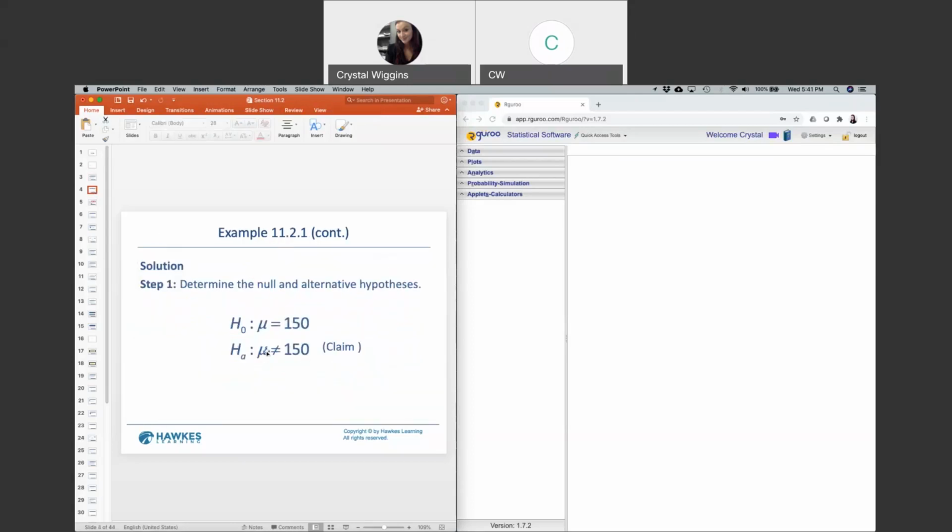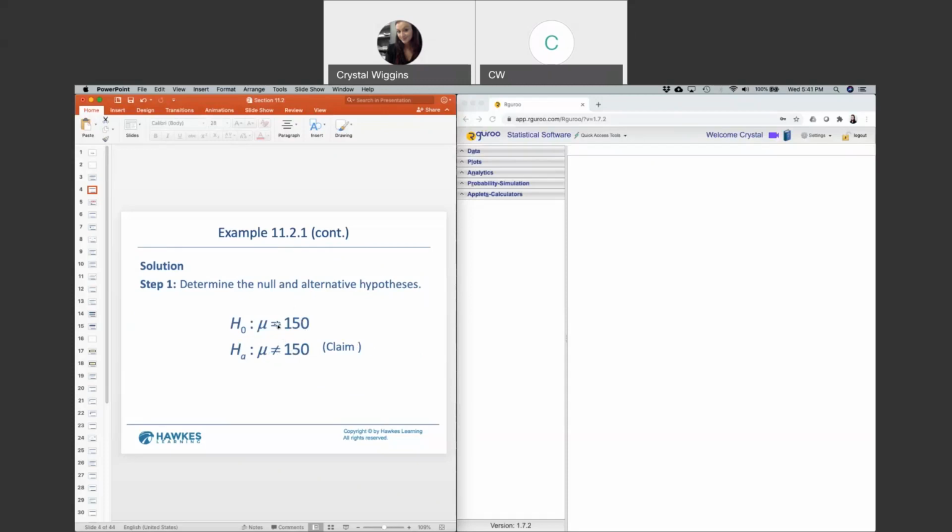So they're saying, I'm curious if the average at this particular high school is different from the national average of 150. So notice that labeling the claim is really important, and you'll see why as we get to the two conclusions at the end. It's very easy to forget which one was our claim, so it's easier if we know it right away. Also notice that the setup again is complementary, like we learned in the introduction to hypothesis video.